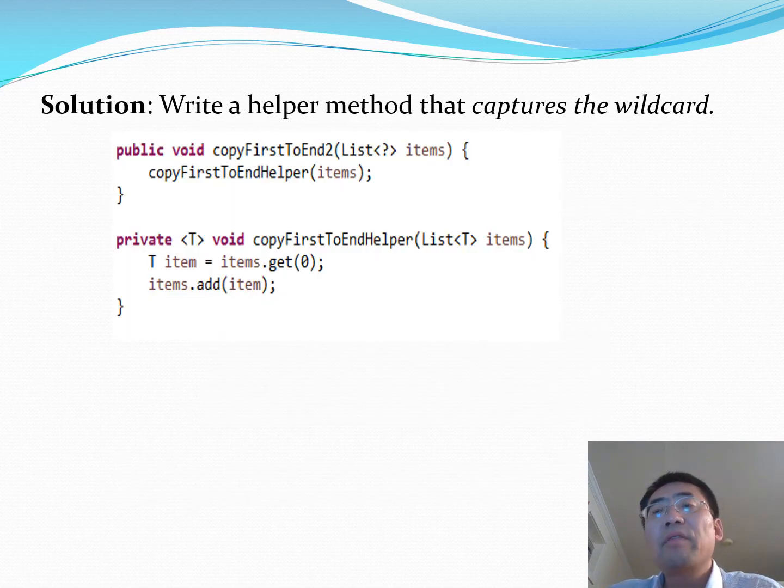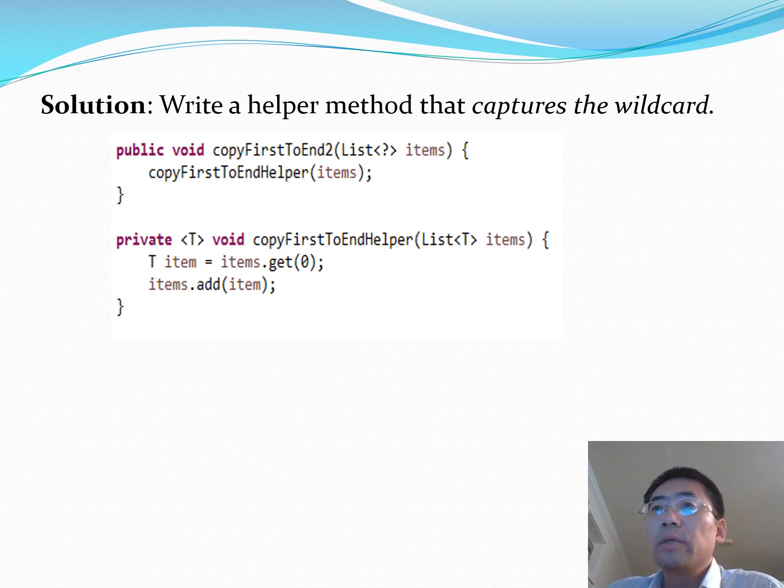We can use wildcard capture to solve the problem. Inside this copy first to end method, we call a helper method. The copy first to end method takes a parameter of list, and this list is a parameterized type with the unbounded wildcard.